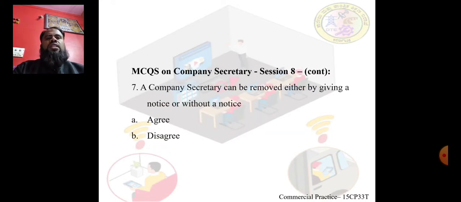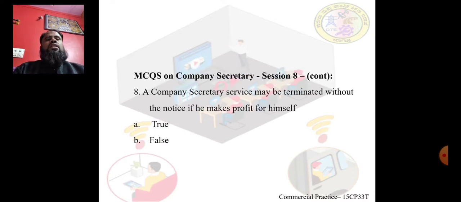The next question is, a company secretary can be removed either by giving a notice or without notice. Option A, agree. Option B, disagree. Yes, option A, agree, is the right answer for this question. The next question is, a company secretary's service may be terminated without notice if he makes profit for himself.